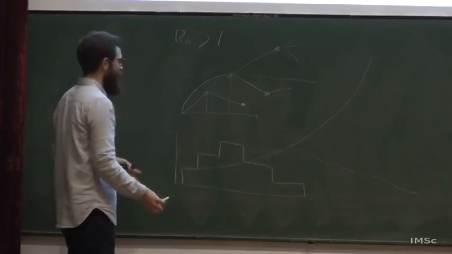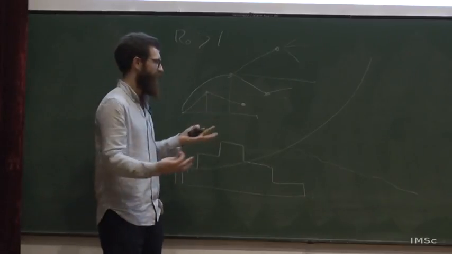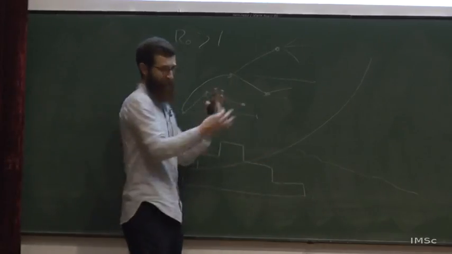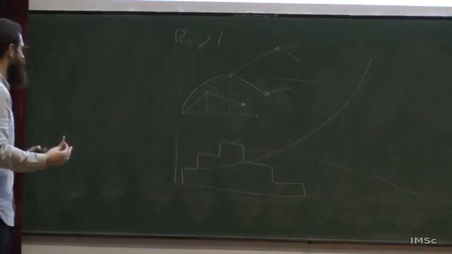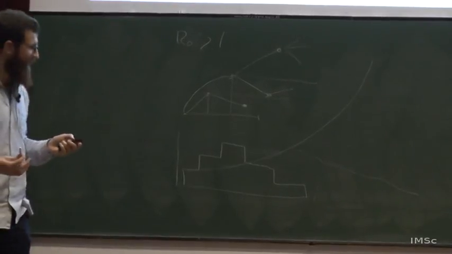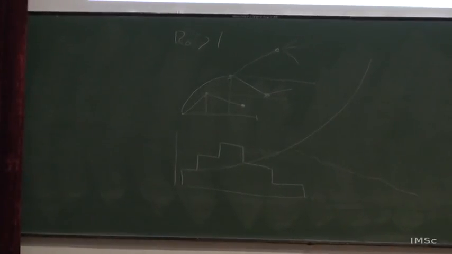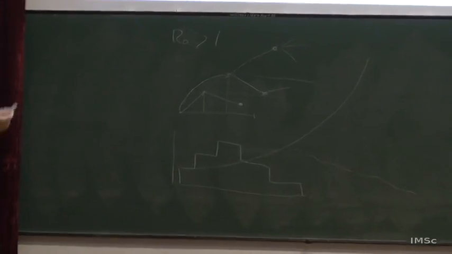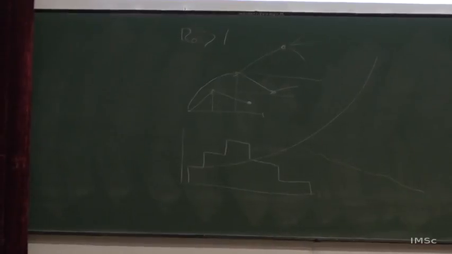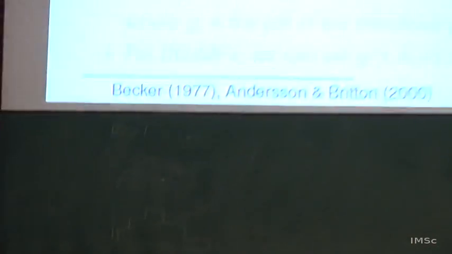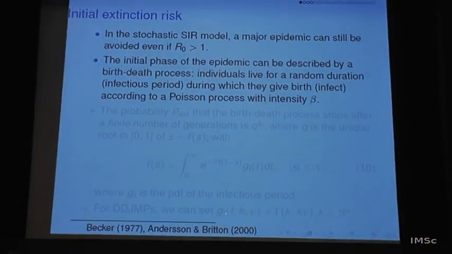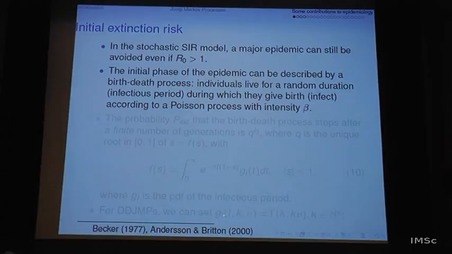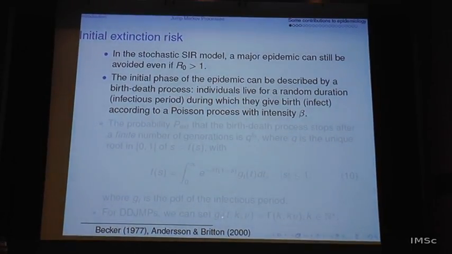And you can see that the bigger R0 is, the less likely this is to happen, because this guy will pass the pathogen to more people. The idea is, can we quantify this? And the answer is yes. We can have some results, and these results come from birth-death processes. When you remove the assumption of susceptible depletion, you simplify your SIR model to something that is just a birth-death process, a branching process.